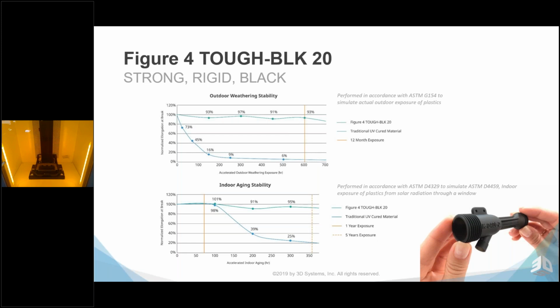And then eventually it just breaks down the part, except for this machine here. If you look at the Tough Black 20, you can see very minimal degrading over time outdoors. Why?